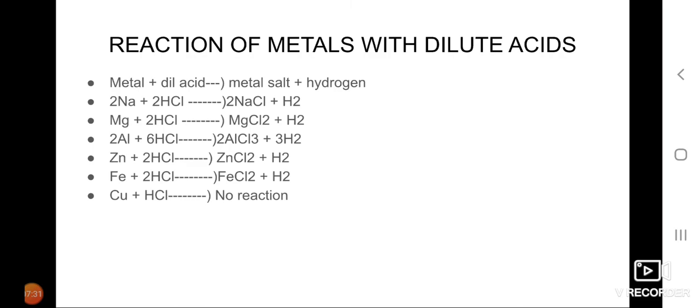Copper does not react with dilute hydrochloric acid or dilute sulfuric acid at all. This shows that copper is even less reactive than iron. So when copper reacts with hydrochloric acid, there is no reaction.